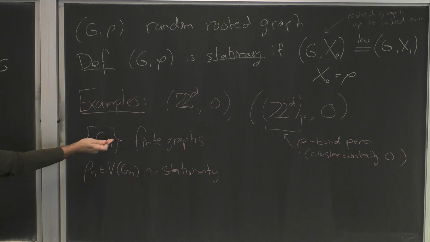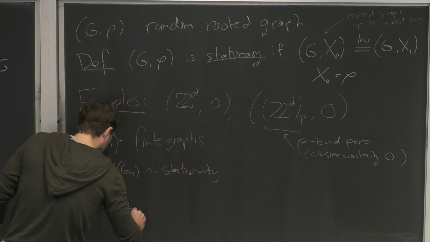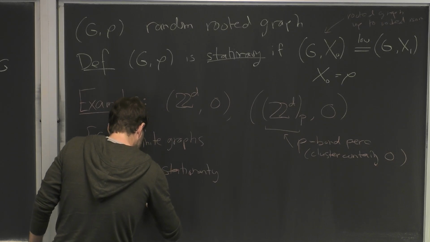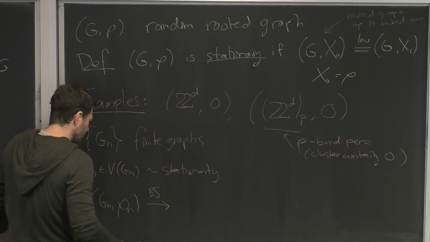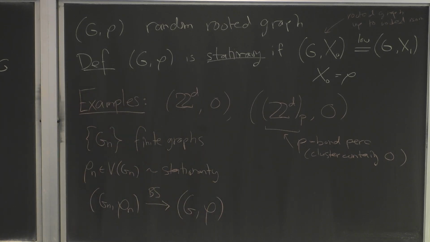So we take finite graphs, and for each graph we choose a random vertex according to the stationary measure. If they're unweighted graphs, that's just proportional to the degree. And then one can take a limit of such things in the Benjamini-Schramm topology, or the weak local topology. I'll just say in words what this means.